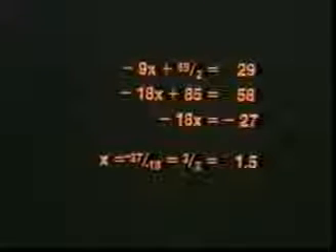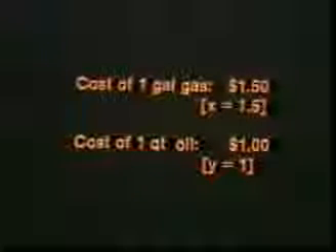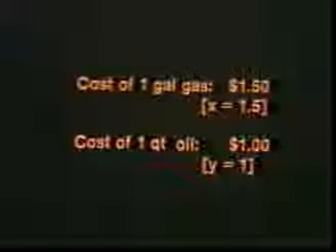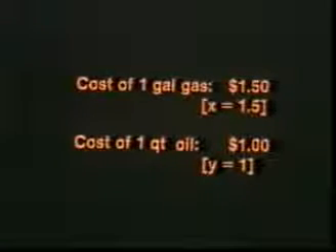Simplify some more, and get a final value for x, 1.5. Then I go back to my key formula, substitute the real value of x, which I just found, and that gives me the value of y, which completes the answer. So my final answer is $1.50 for gas and $1 for oil.